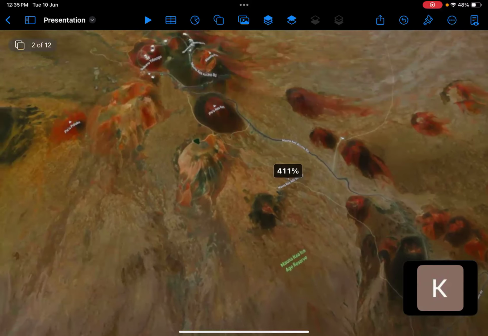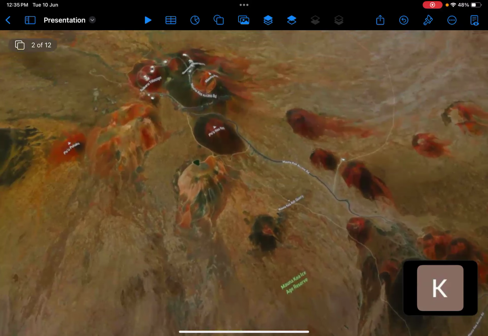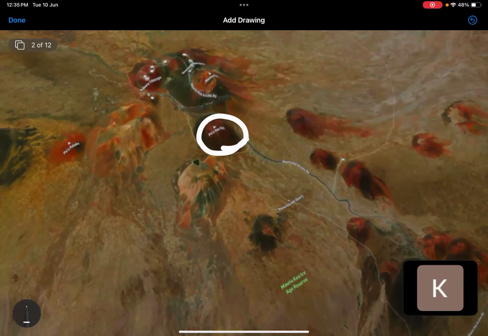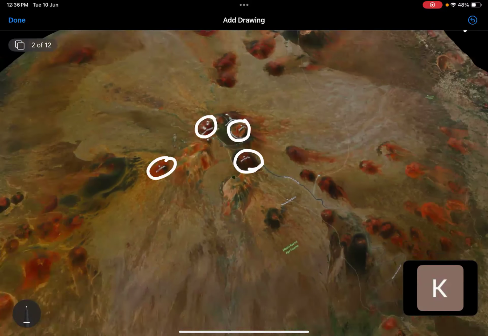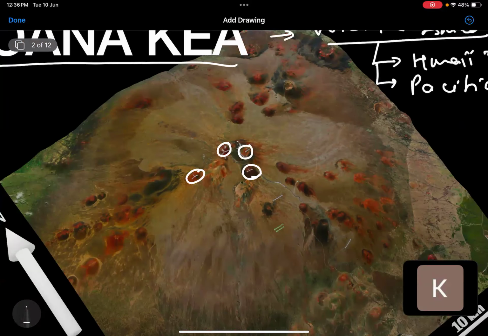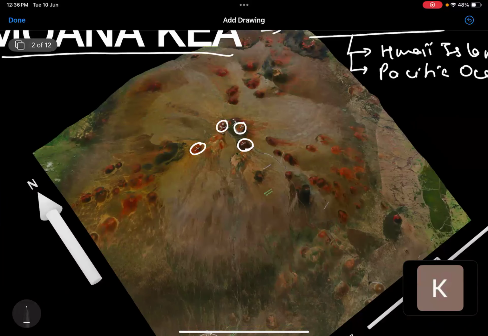So here we'll be seeing that this is the region where the eruption of volcanoes is taking place. So these are certain regions where the volcanic eruption is taking place. This type of volcano is a shield volcano.